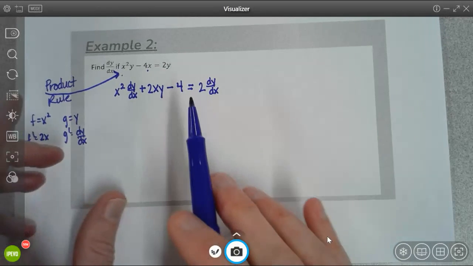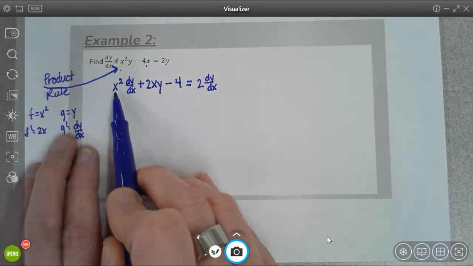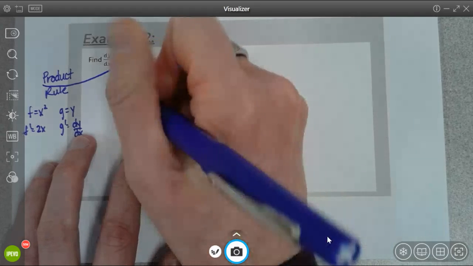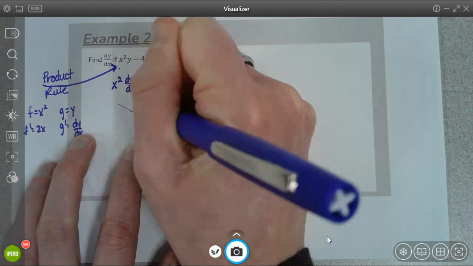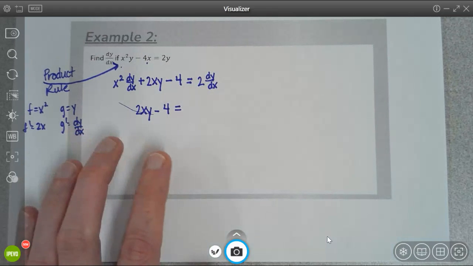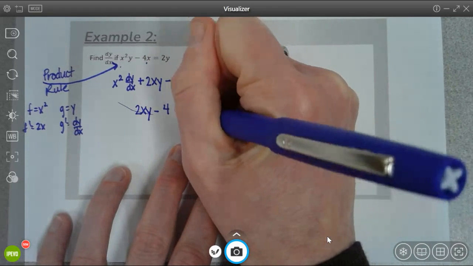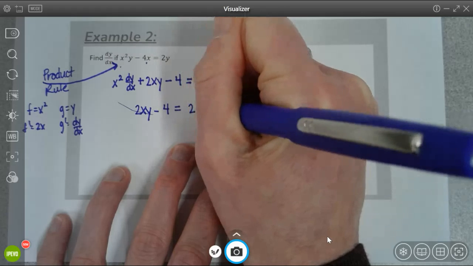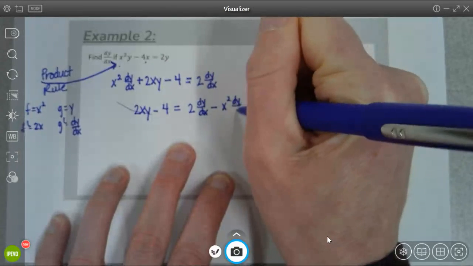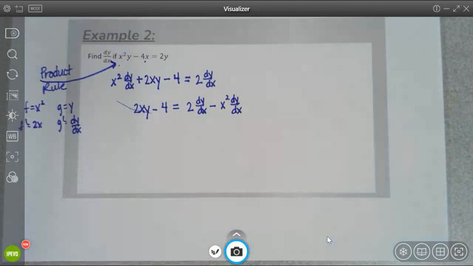So I can do this pretty quickly in one step by just subtracting this x squared dy/dx all the way over to that other side. And on the left side, be left with just 2xy minus 4. And then here I'd be left with 2 dy/dx minus that x squared dy/dx. Now I got all of my dy/dx's on one side.